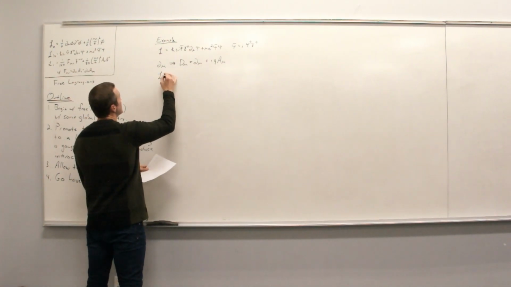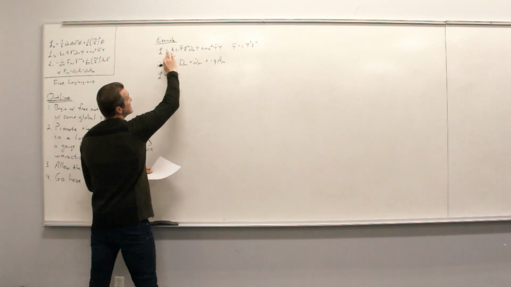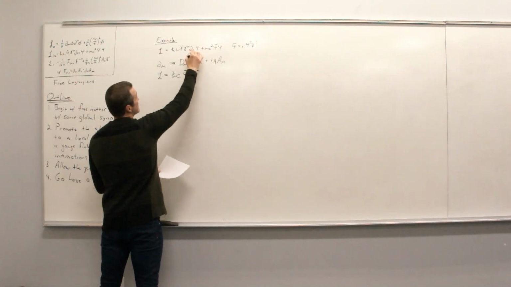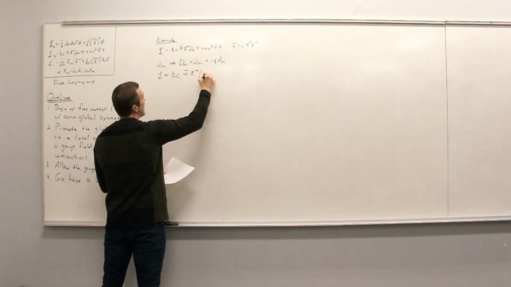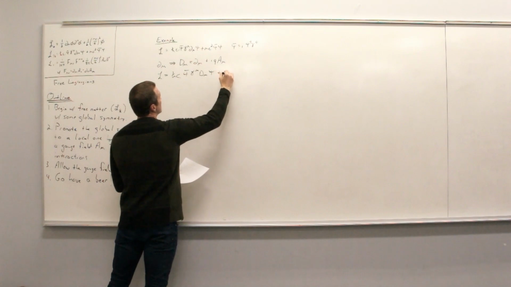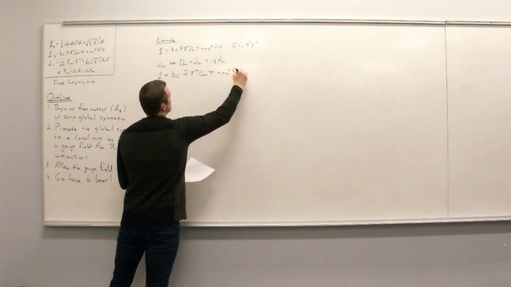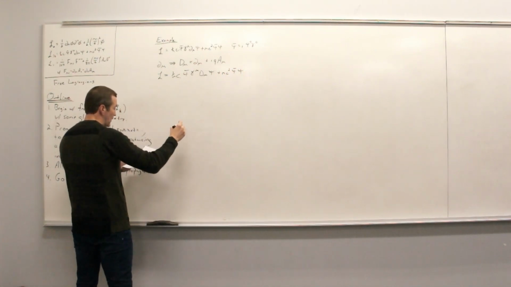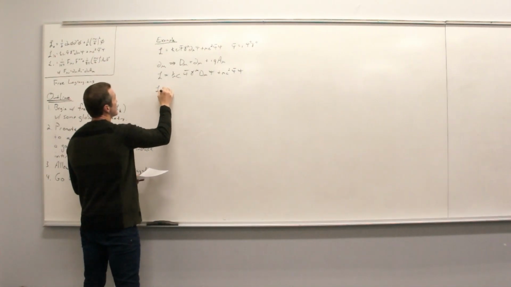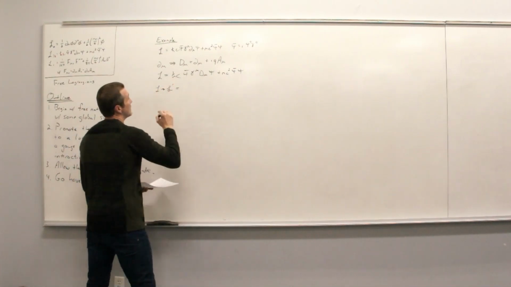Our new Lagrangian is exactly the same structure as this one, except instead of partial mu, we're going to use this capital D mu. And now we want to explore how this Lagrangian changes.